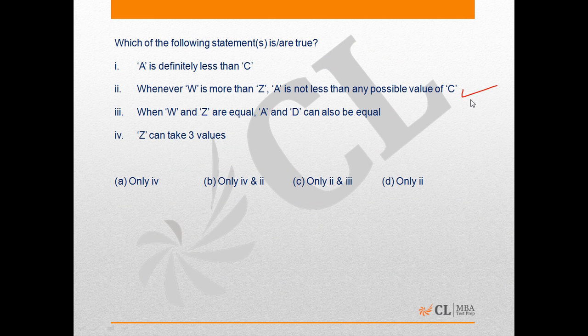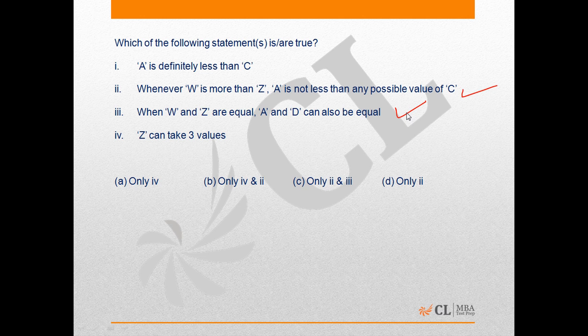The next statement is when W and Z are equal, A and D can also be equal. This is also true. When W and Z are 12, then the values of A and D are 120. Therefore this statement is also true.